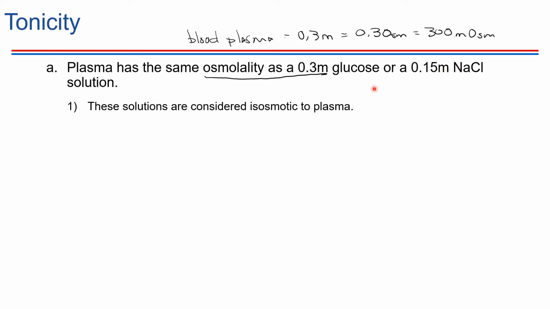So these solutions are all considered to be isoosmotic. Iso means equal, and we're talking about the osmotic pressure, so they're going to be the same concentration as blood plasma.